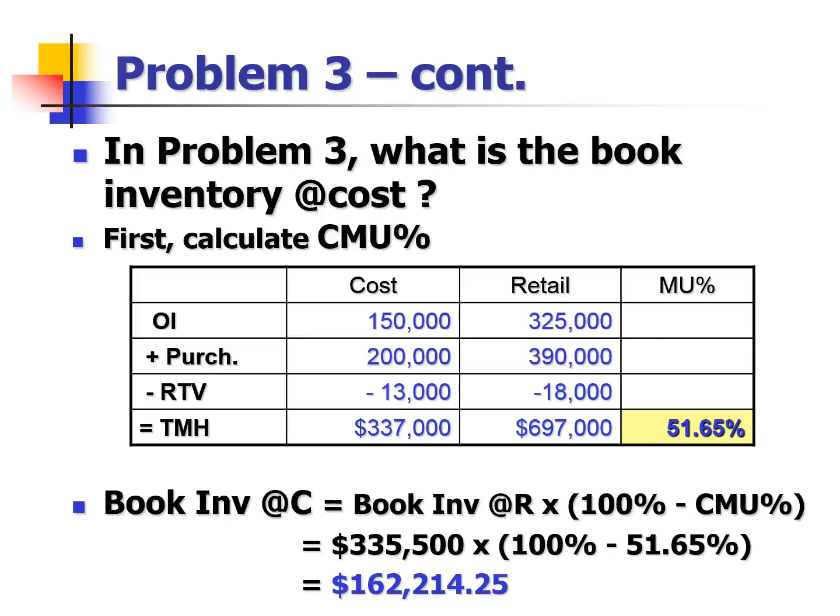So the cumulative retail minus cumulative cost over cumulative retail led to the markup of 51.65% for the cumulative markup percent, and we applied that markup percent in the book inventory at cost calculation formula. So we eventually had the book inventory of 162,214.25 at the cost value.